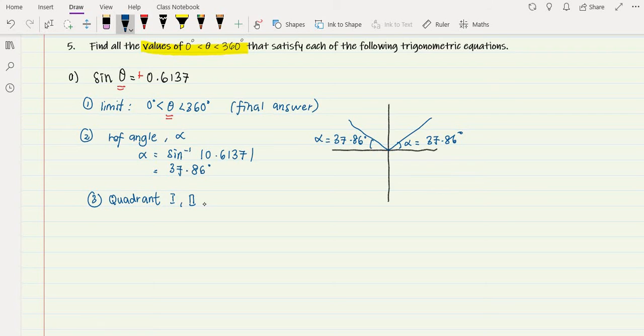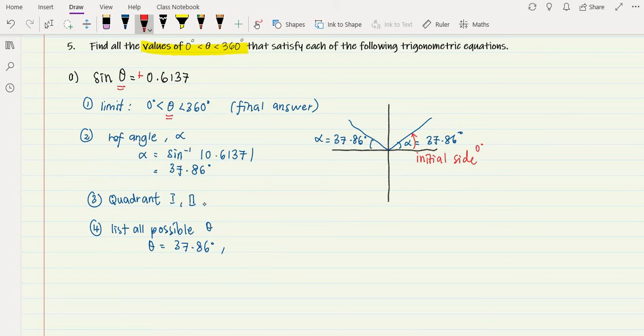37.86 degrees. The fourth step is to list all possible angles, which is theta. We start from our initial side, which is 0 degrees, and make the rotation in the anti-clockwise direction. So our first value of theta will be 37.86 degrees.